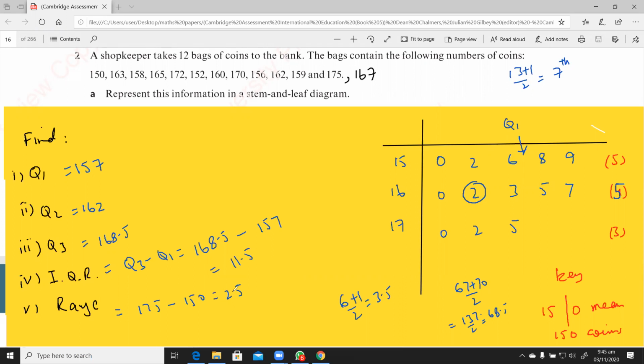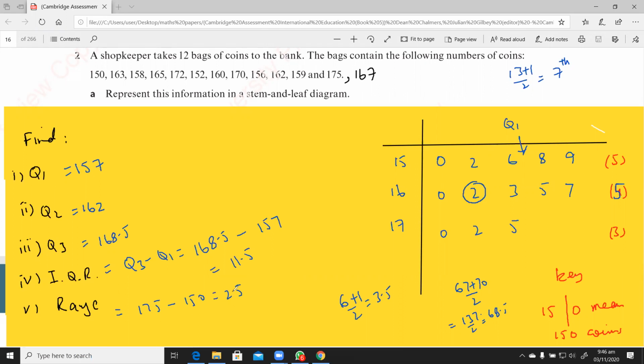The best use of this diagram is that you have the actual data right in front of you, and you can see what the actual median, the actual lower quartile, and the actual range are.